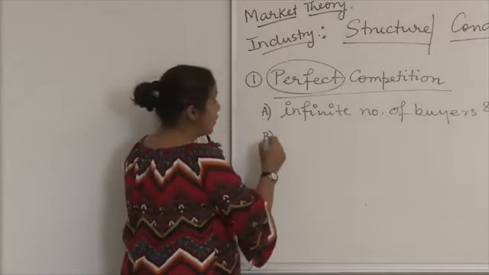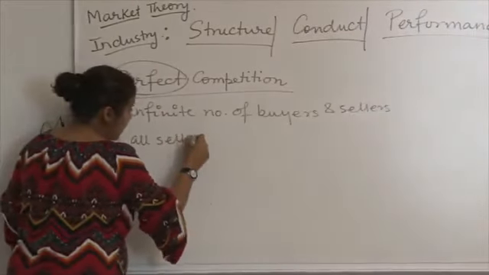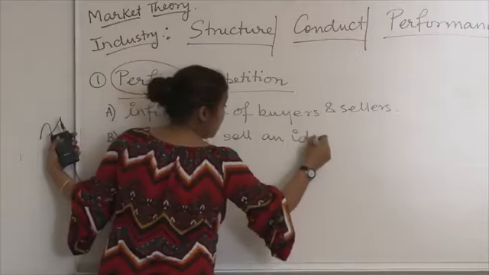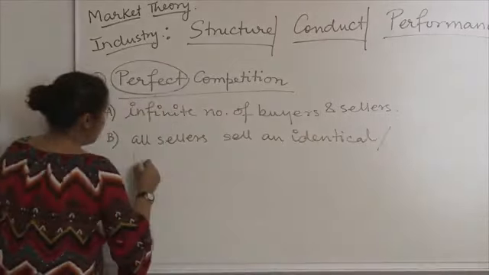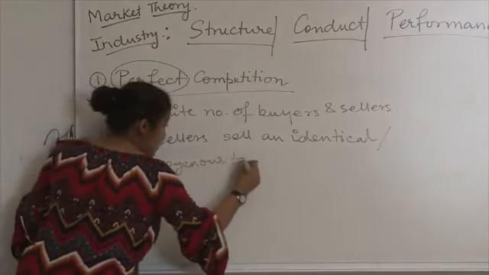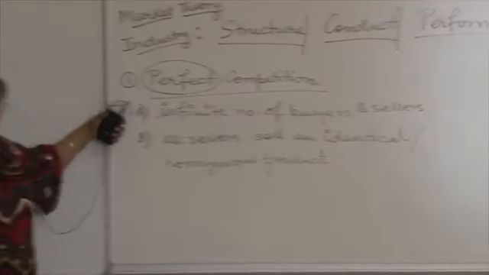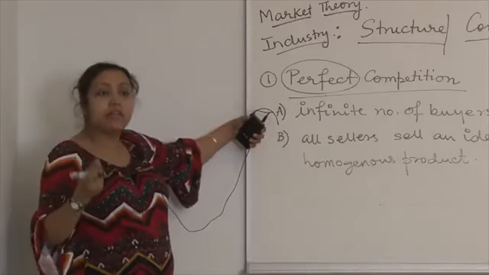The second feature of this market is all sellers sell an identical or homogeneous product. So, that means there is no difference whatsoever, not even a hair difference in the product that each seller is selling.